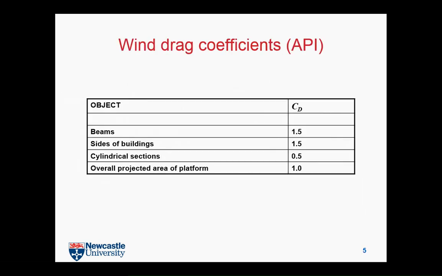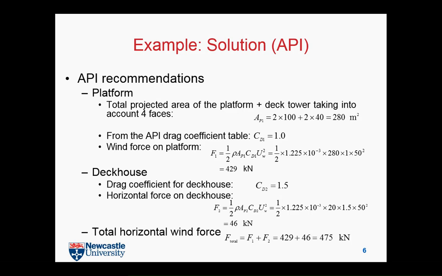In our previous calculation, that's the reason why you can see 40 or 20, I can't remember. But anyway, here is the area facing the wind.